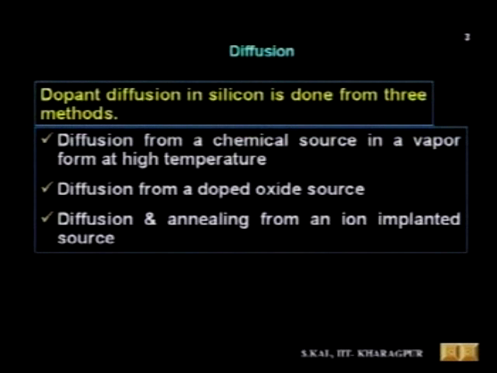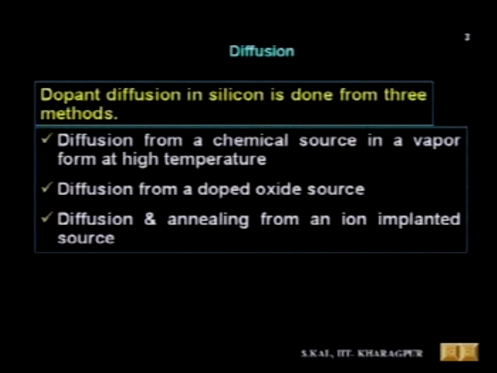Diffusion from a chemical source in vapor form means that the chemical source may be liquid or gaseous. If it is gaseous, it is already in vapor form. You can easily flow those gases into a furnace called a diffusion furnace, where the wafers are kept and diffusion can continue.